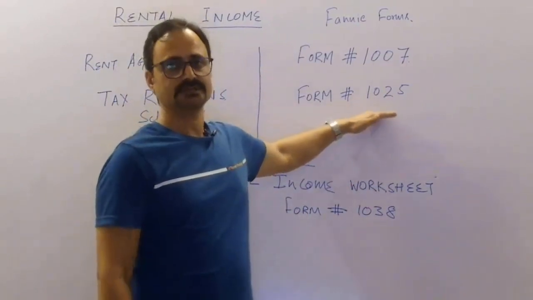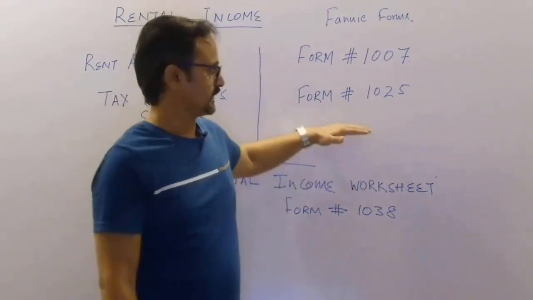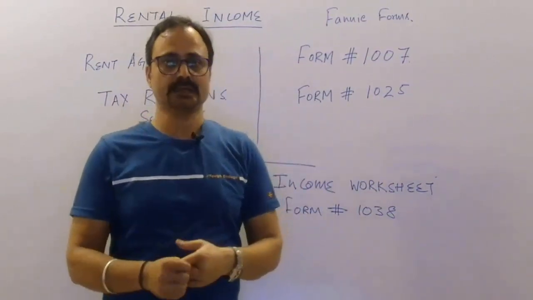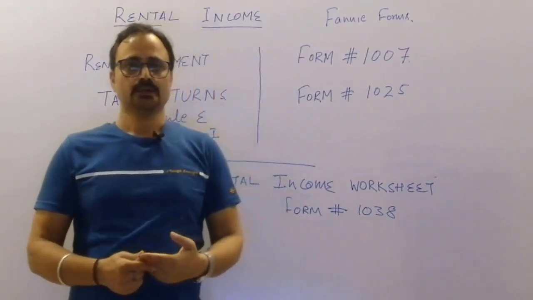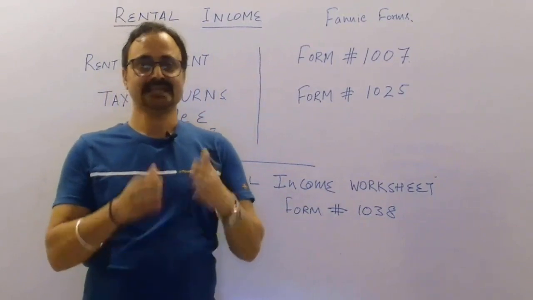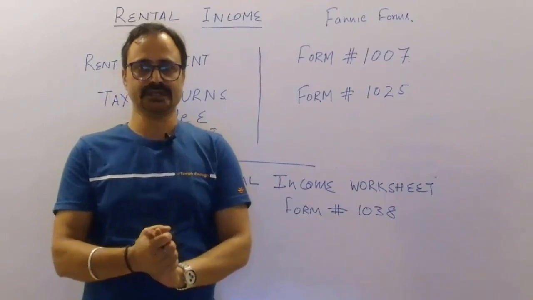In this form 1025, there is already a rental schedule. Like you must have seen in my previous videos regarding appraisal, what I told you about sales comparables, in a similar way, as you can see on your screen.